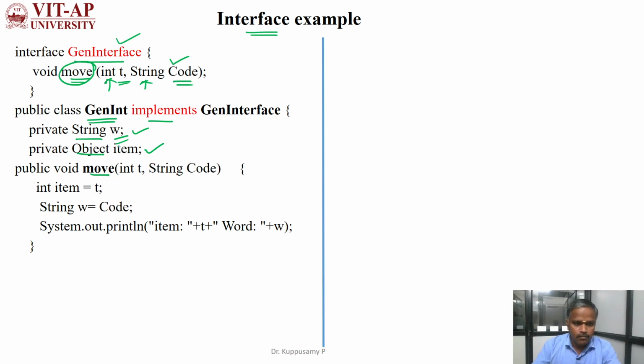Here the move method carries two values, one is a string and another is an Object class. Object is the parent class, so it has all child classes. String is one of the child classes of Object, which is carrying that value. The t is assigned to the integer variable, and here the code is assigned to the string variable.